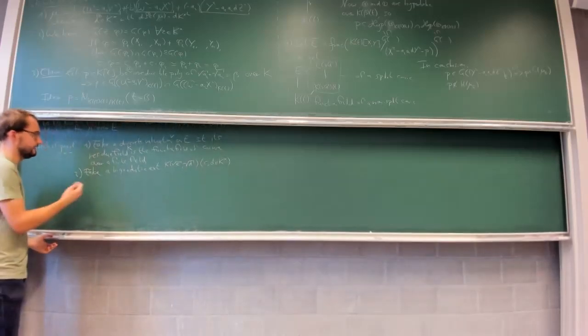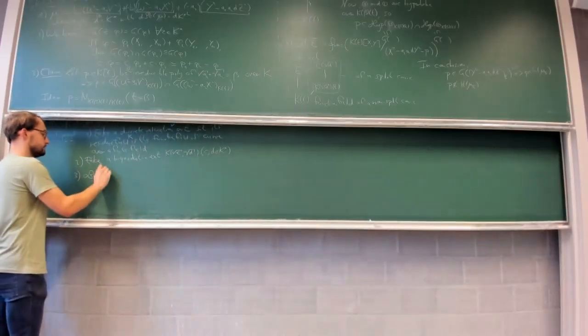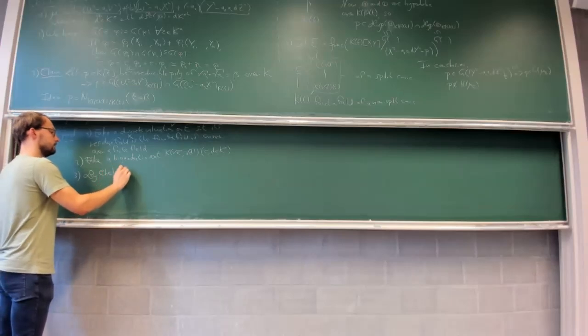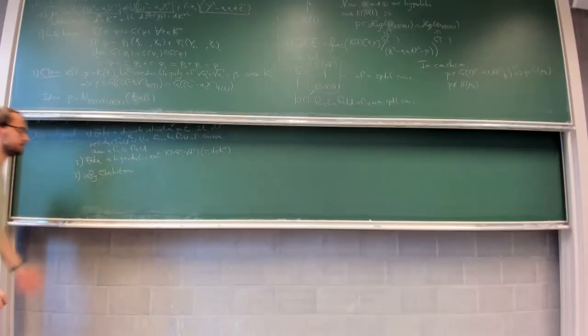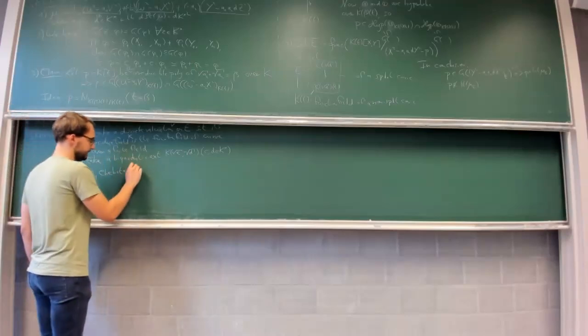And now there's some deep result that we will use, which is a Chebotarev density theorem. And so which is true of number fields as it is true over global function fields.